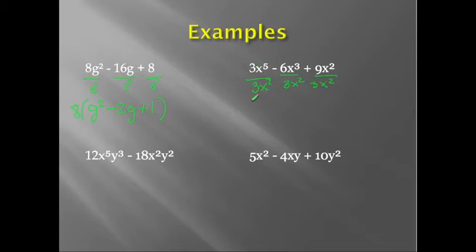So 3x to the 5th divided by 3x squared will be x to the 3rd. Negative 6x to the 3rd divided by 3x squared will be negative 2x. And 9x squared divided by 3x squared will be 3. Don't forget to write your GCF out front.